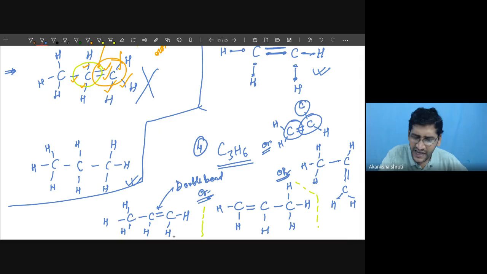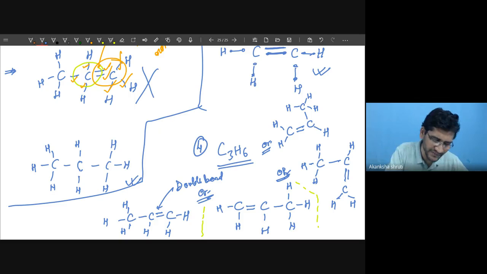But this last carbon has only one bond. It means three other bonds can be formed. So form the three other bonds at this carbon: hydrogen, hydrogen, hydrogen. Again, whether drawing at perpendicular or at a certain angle, that doesn't matter.